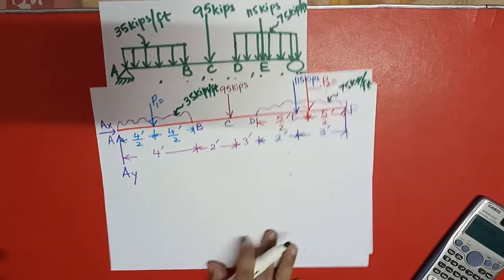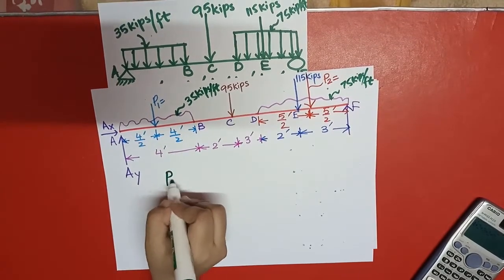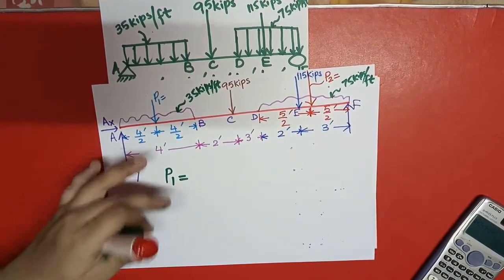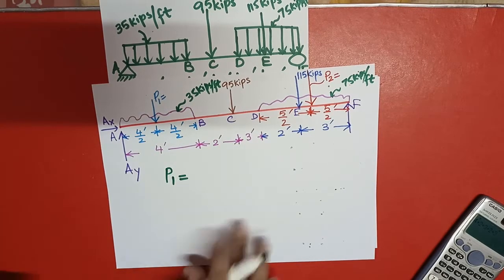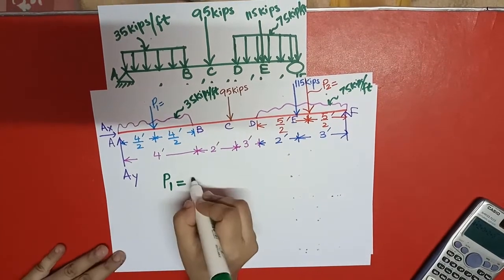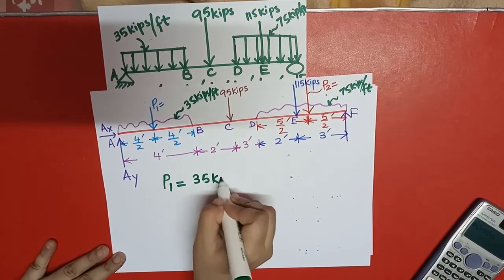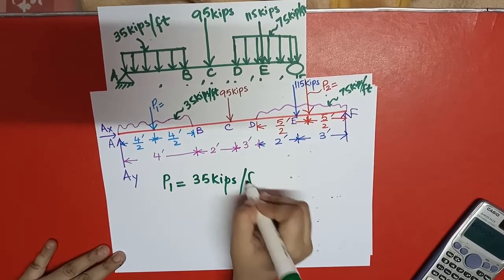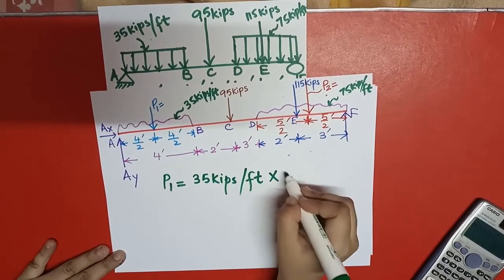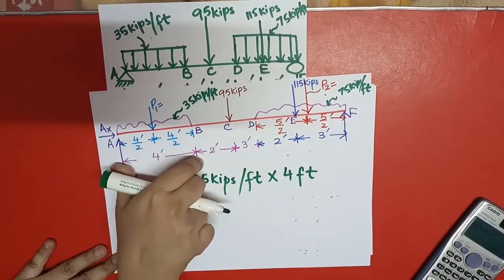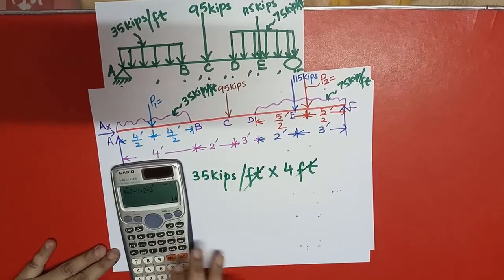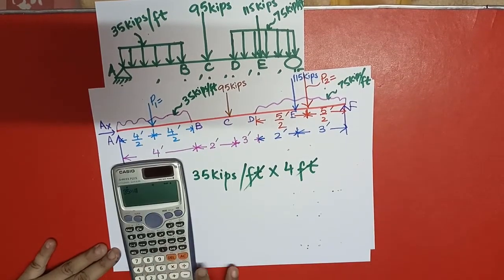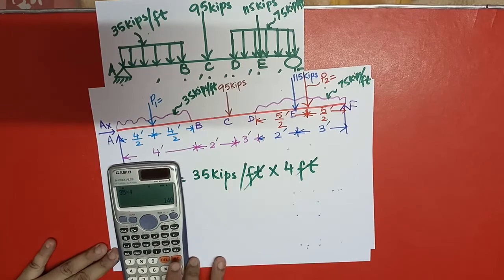So what you have to do, I am going to convert P1 and find it out. How can I find it out? 35 kips per foot into 4 feet, 4 feet being the total length of the uniformly distributed load. So feet cancel. So 35 into 4 is coming out to be 140 kips.